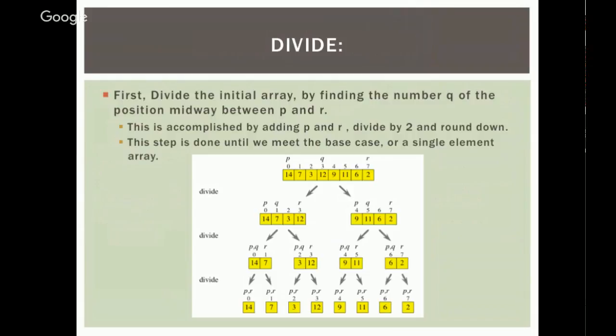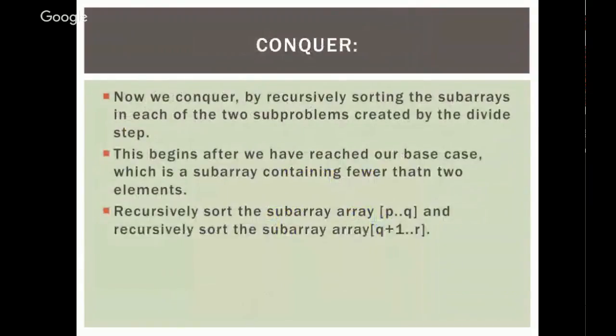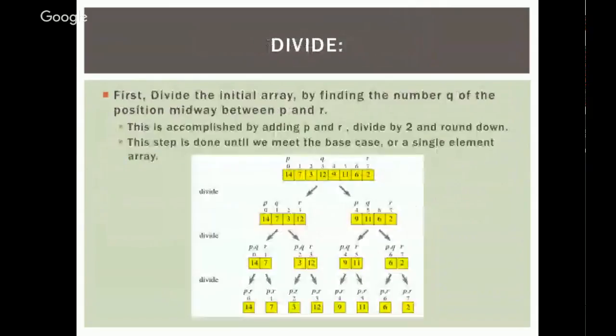After the divide step, we move on to the conquer step, by recursively sorting the subarrays in each of the 2 subproblems created by the divide step. It says 2 subproblems because, if you go back a slide, each step has 2 below it. If we look at the first list with all 8 elements, when we split it, we have 2.